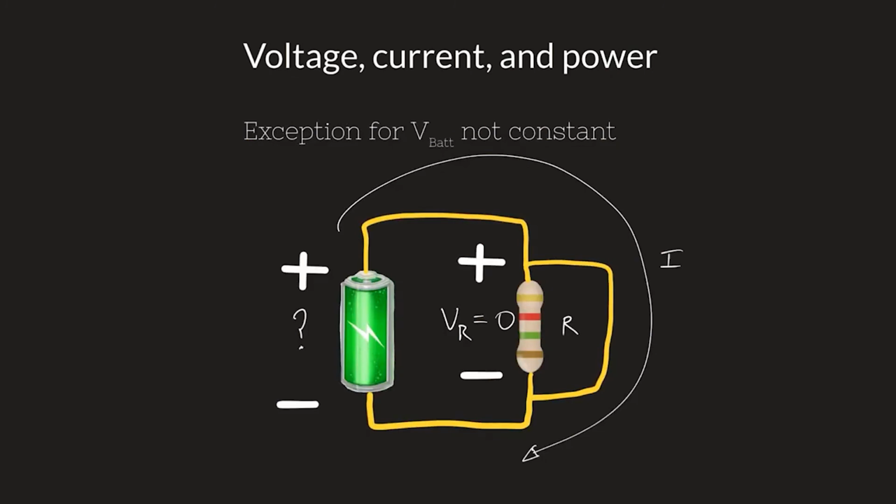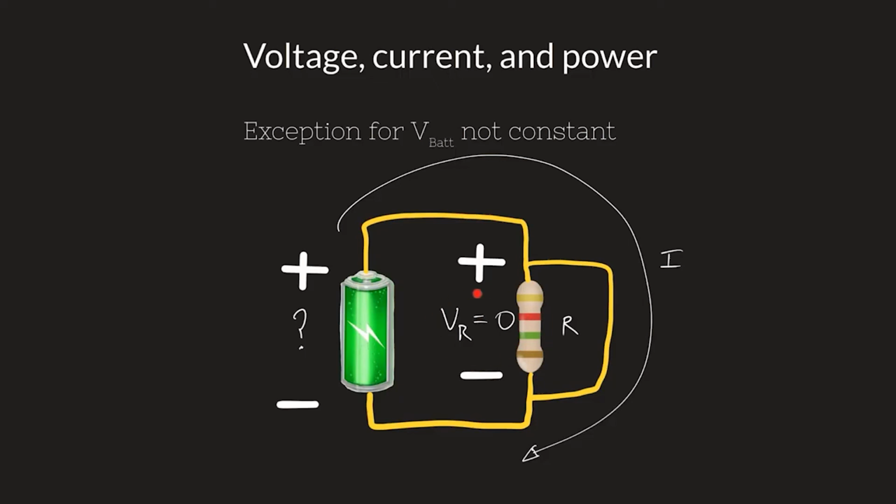So I gave you a hint that the battery voltage isn't always constant, and this is the one obvious exception. Even under ideal circumstances. So if we're talking about ideal batteries, in this case, even the ideal battery can't hold its designed voltage because it's shorted. It's got a clear, unobstructed path from the high potential side to the low potential side across a perfect conductor.